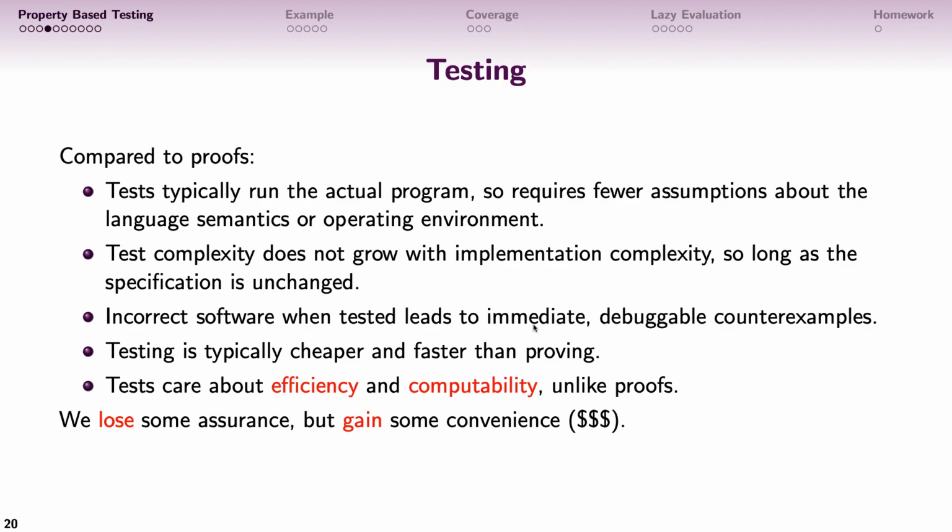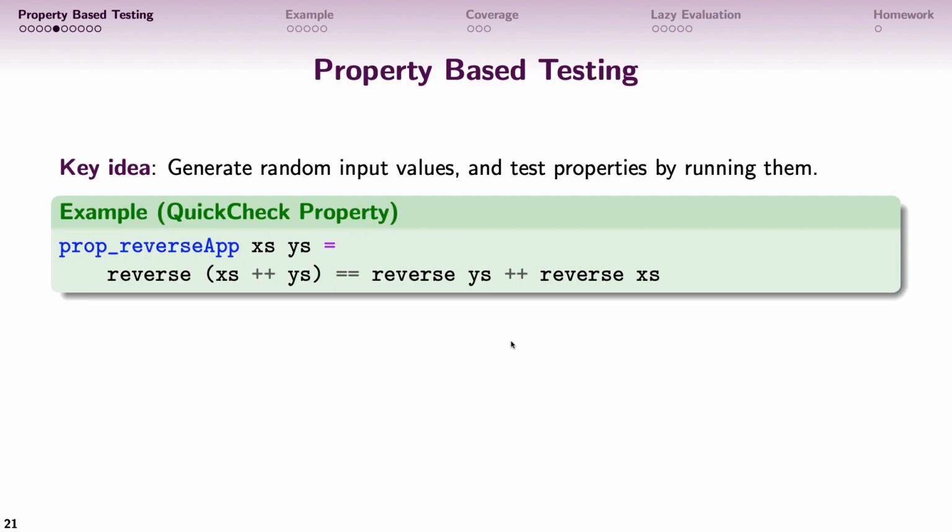What we'll do is a technique called property-based testing. So the key idea here is we write a Haskell function. Here it's called prop reverse app, and it takes in two lists, and it states that reverse of xs plus ys is equal to reverse of ys plus reverse of xs, right?